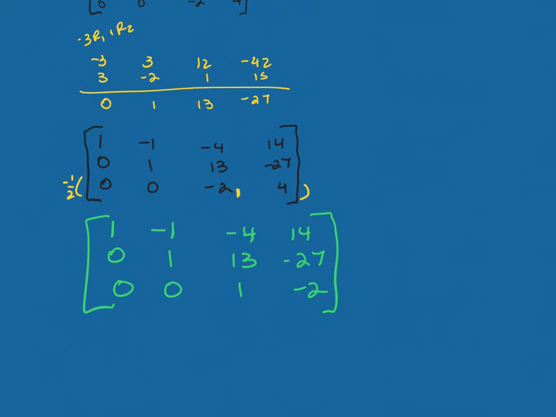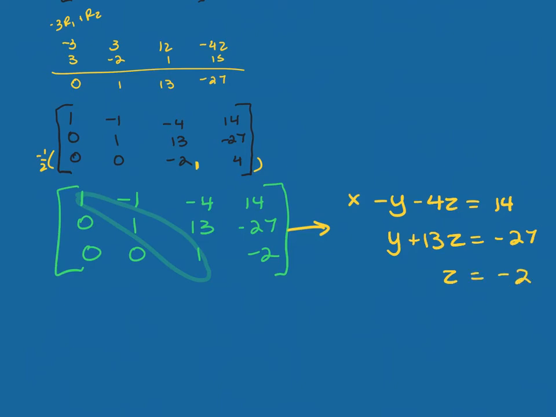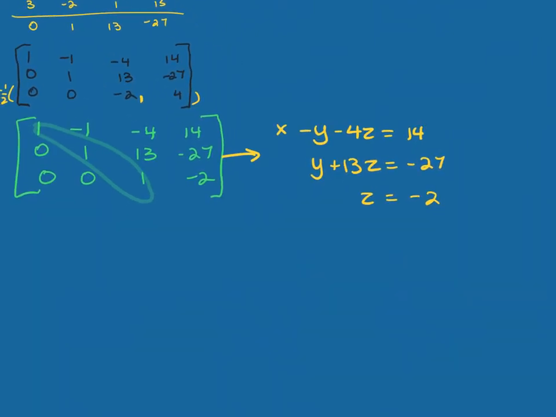Okay, now I'm in row echelon. I could take this x minus y minus 4z equals 14, y plus 13z equals negative 27, and z equals negative 2. Now I've got my triangle system, and I can use back substitution to solve.